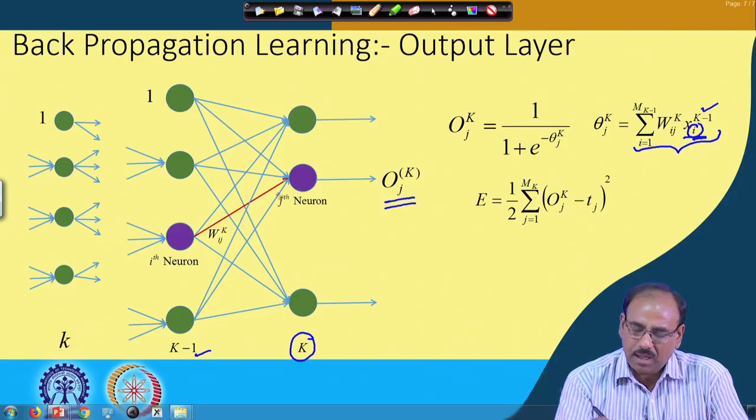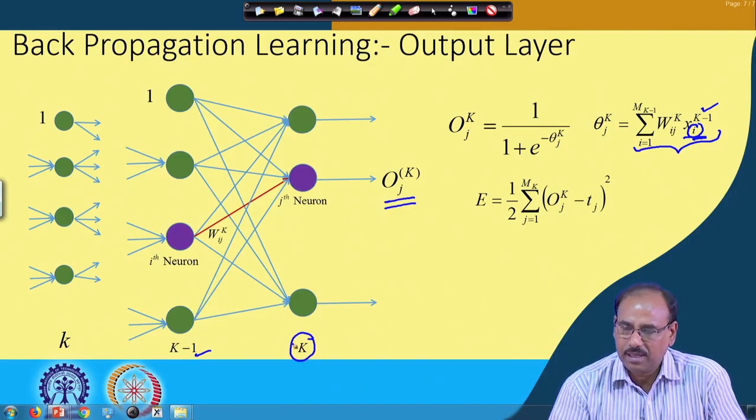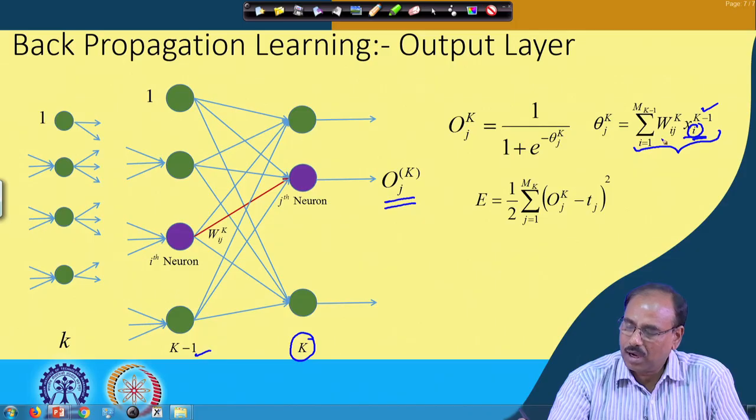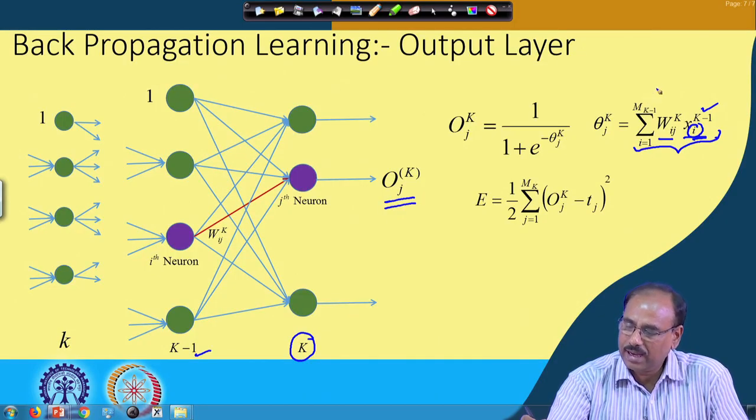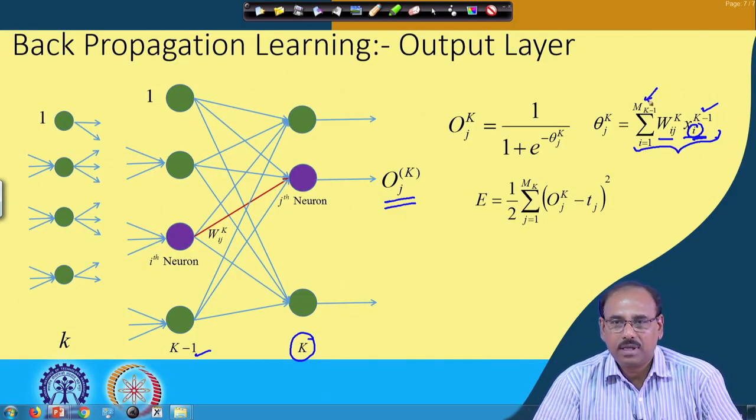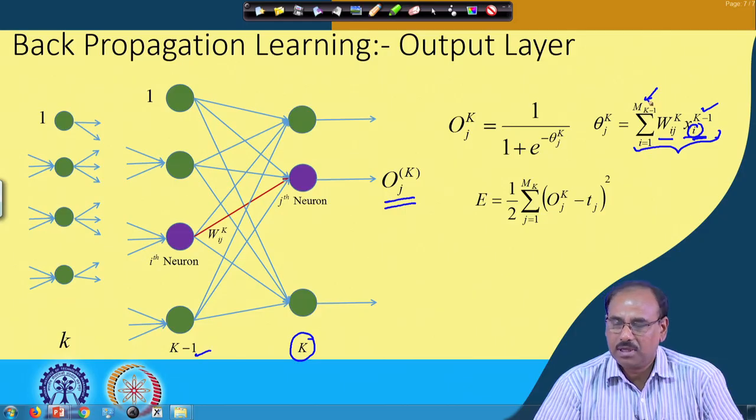So, the weighted sum of all the inputs to the jth neuron in the kth layer is given by Wij into xi^(k-1). I have to take the sum over i equal to 1 to m(k-1), where m(k-1) is the number of neurons in the k minus first layer.